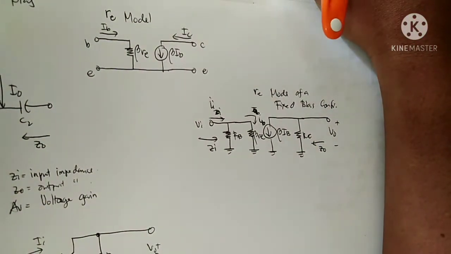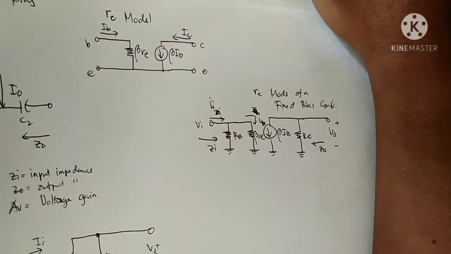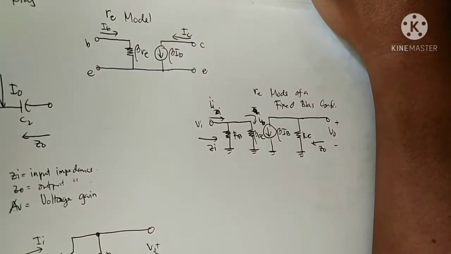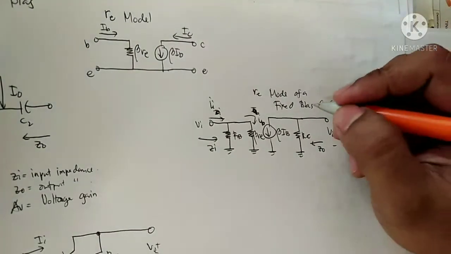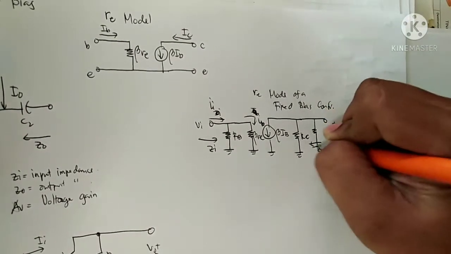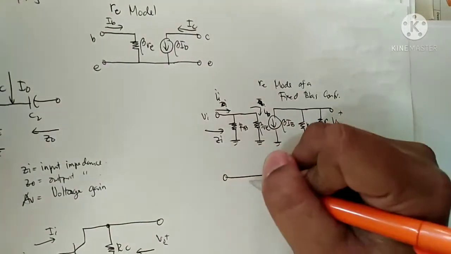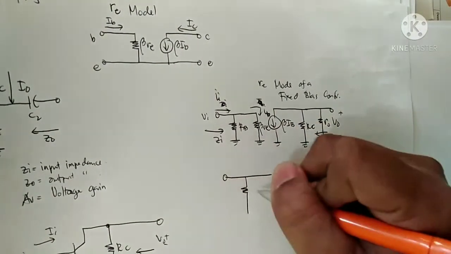If you have the re model, there is still one more element: ro. This is ro, so just redraw it.